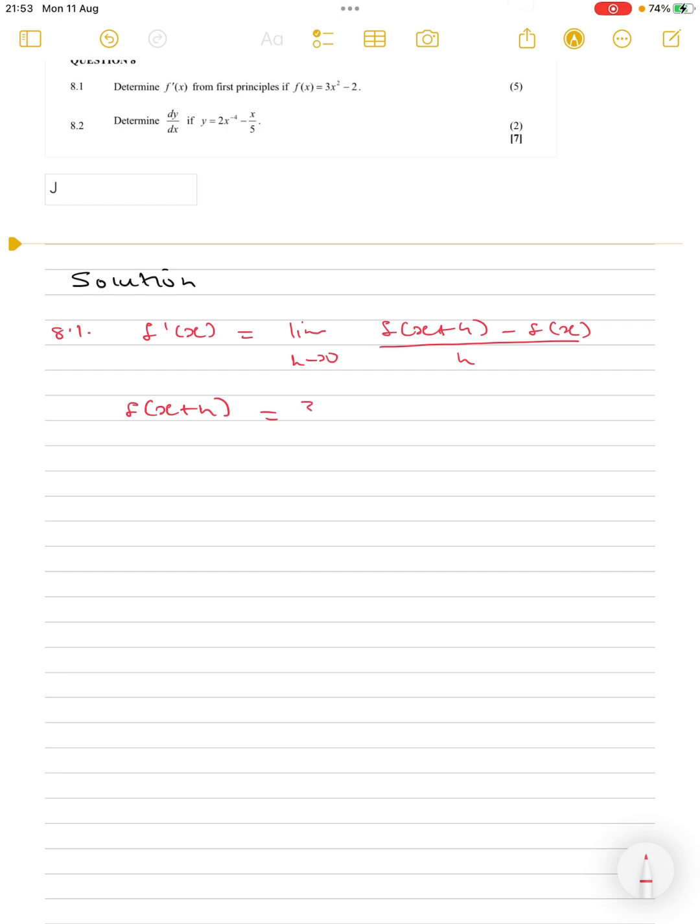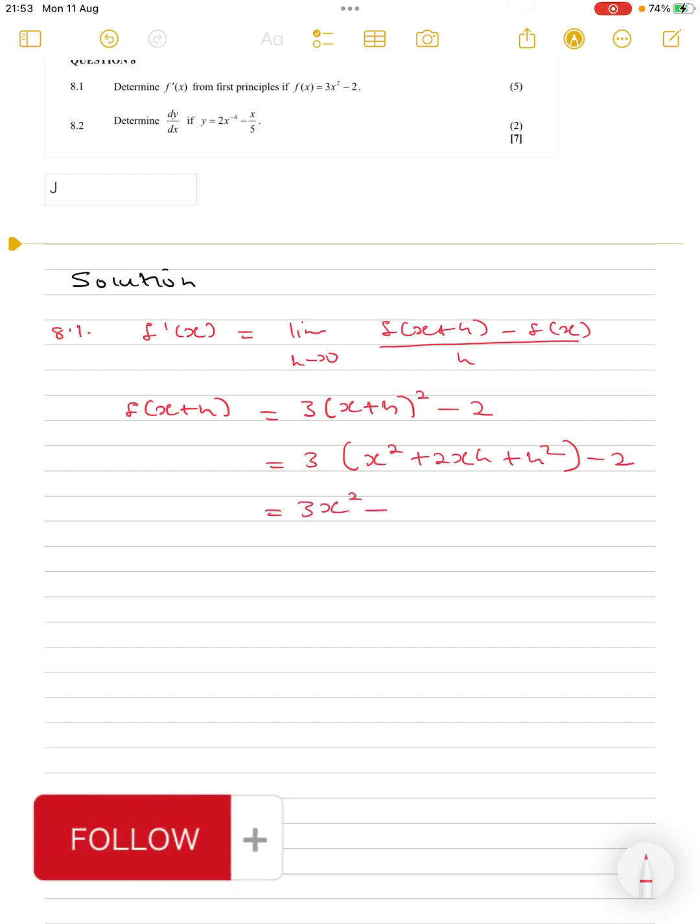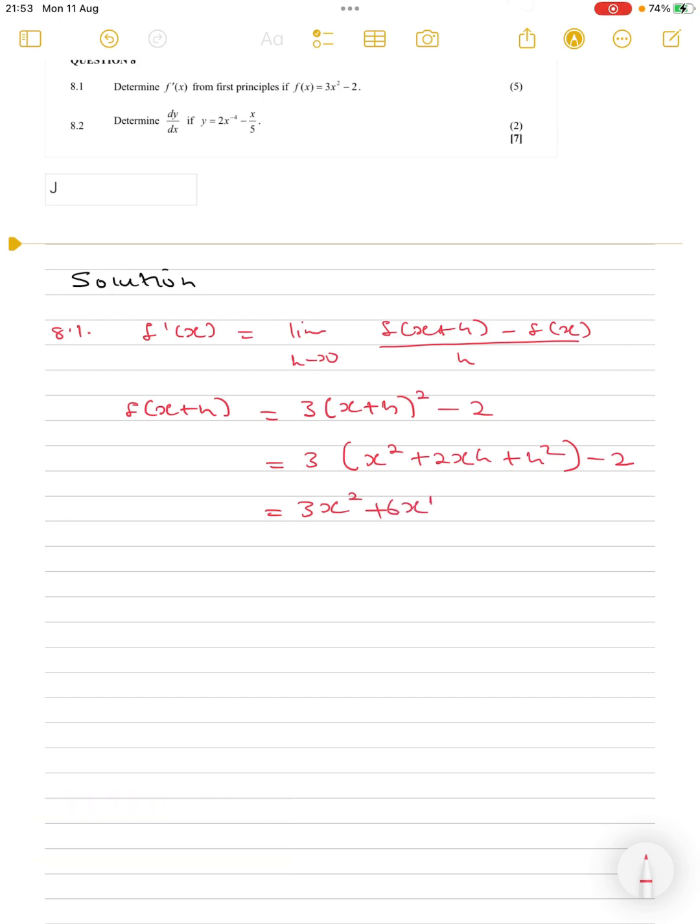So in this case, we have 3 into x plus h, because we have x here, squared, minus 2, which is equal to 3 into x squared plus 2xh plus h squared, minus 2, which is equal to 3x squared plus 6xh plus 3h squared minus 2.